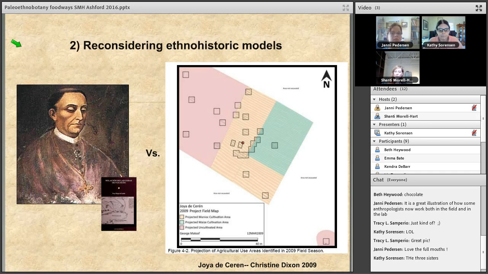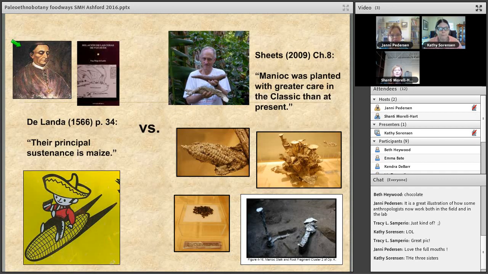You can see in this image that all of the green indicates the maize or corn cultivation area. All of that light beige indicates manioc or cassava cultivation areas. And the pink part represents areas that were likely uncultivated or might have been fallowing at the time that the volcano erupted.